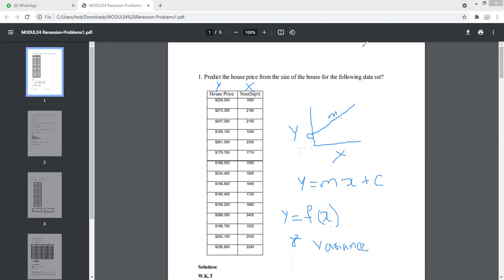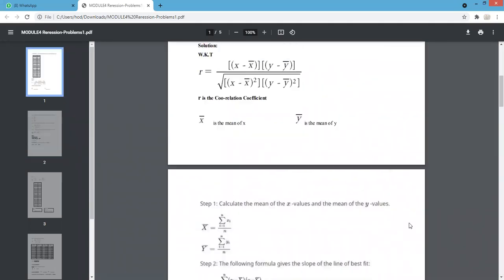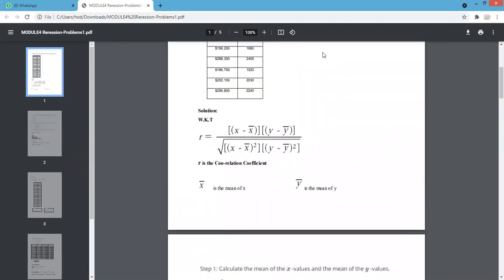Now let us start solving the problem. These are the values. We know that the r value is the correlation coefficient, and r square gives you the variance.